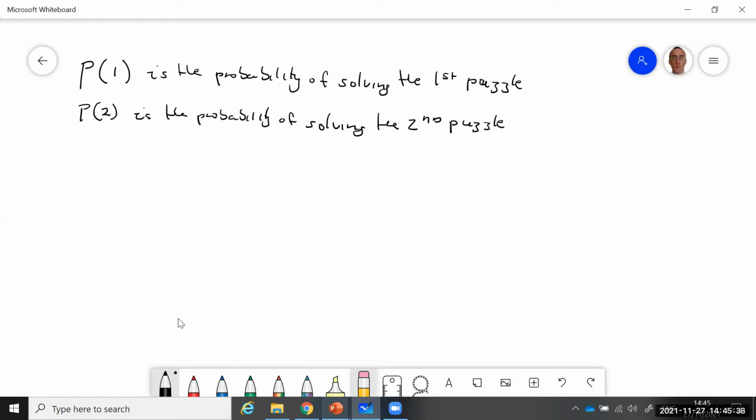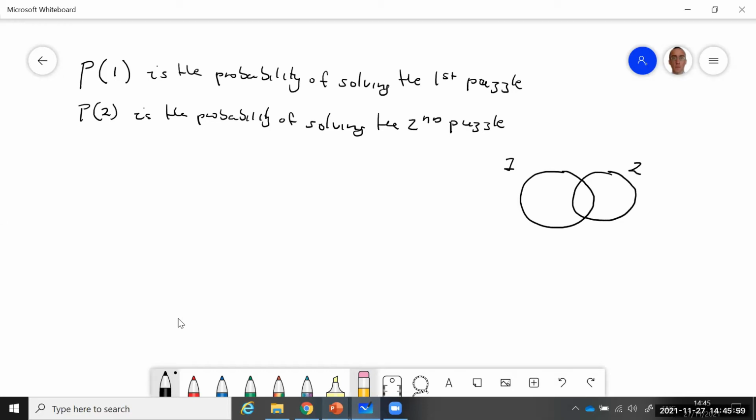So the probability that a student solved the second problem, given that they had already solved the first problem. If this was represented as a Venn diagram, you have something like this. This is the set of all the people who solved the first problem, and this is the set of all the people who solved the second problem.